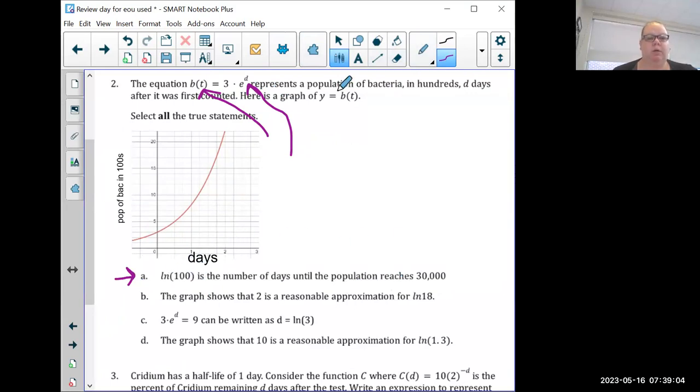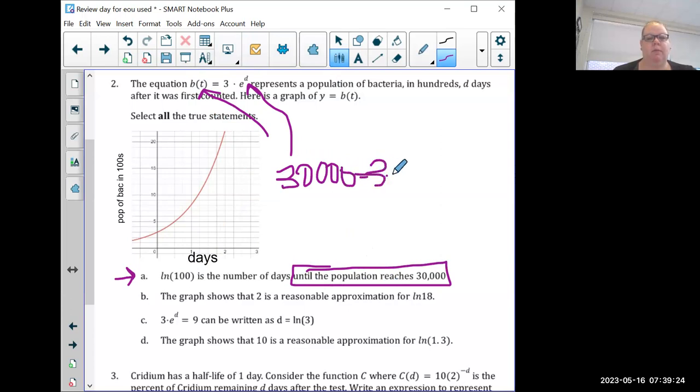The ln 100, you may not see anywhere, and you might wonder where she's getting this from, but we do see until the population reaches 30,000. So that means that we're going to plug it in for the B of T. So we're going to have 30,000 equals 3 times E to the D. Now be careful because this says in hundreds, so I don't actually want 30,000 written there.